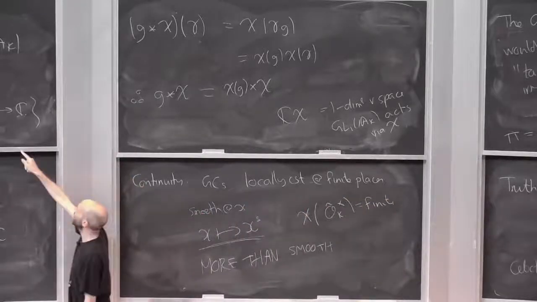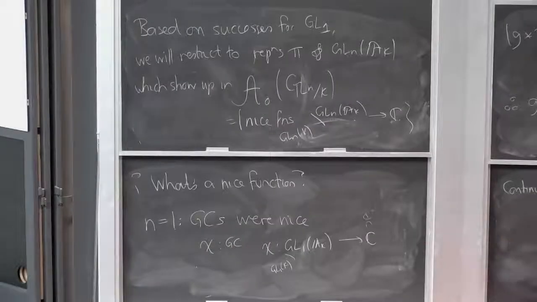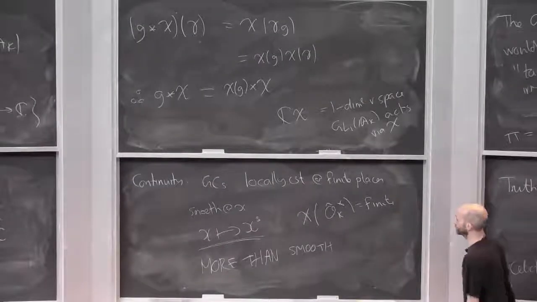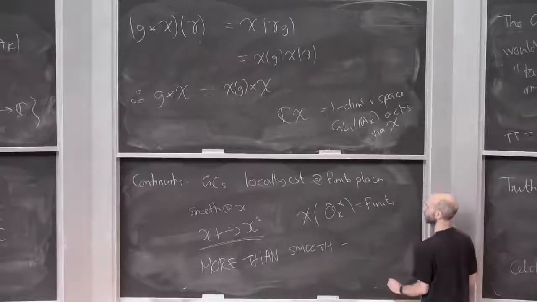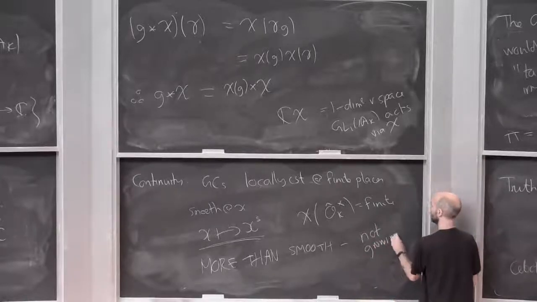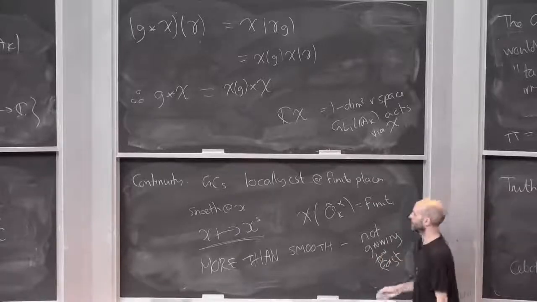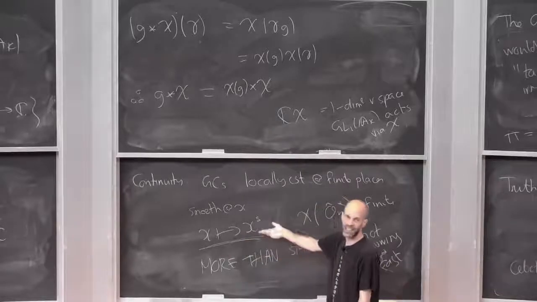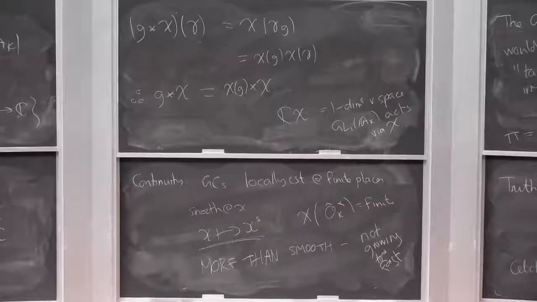I want a map from GLN of the reals modulo GLN of Z to the complexes. That doesn't make sense. It's more than smooth. It's really nice. One thing is, it's not growing too fast. I could look at x goes to e to the e to the e to the x to the s instead, and that would be growing quickly.